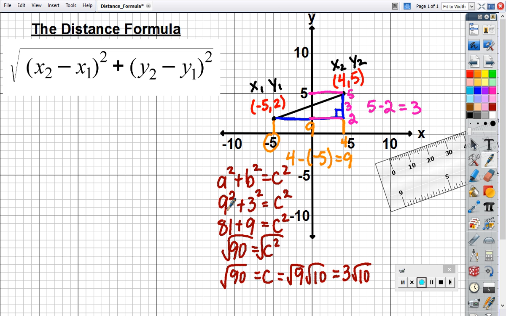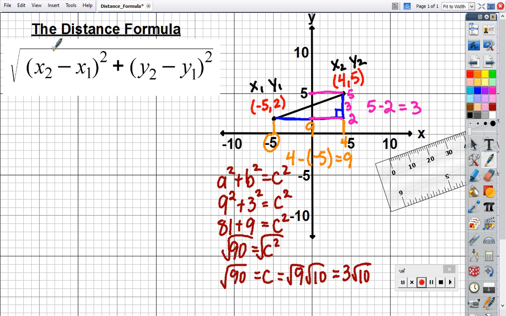I took the difference from y2 to y1, and then squared it. And after all that computation, I took the square root. So this is the distance formula: the square root of (x2 minus x1) squared plus (y2 minus y1) squared, in order to find the distance.